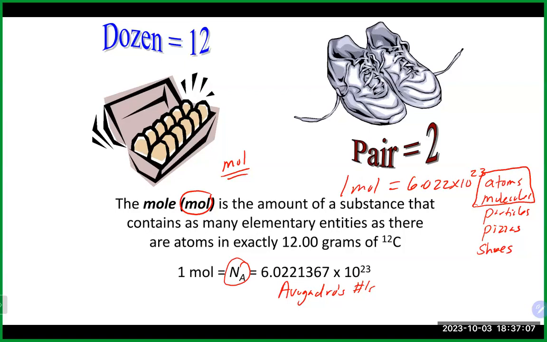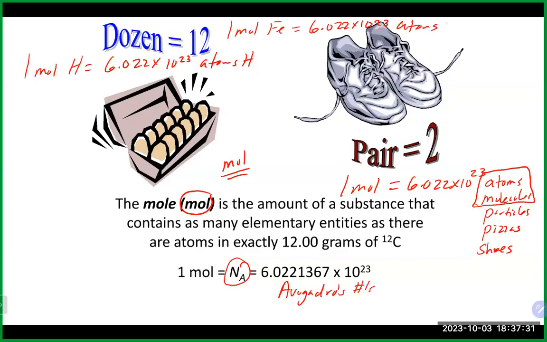You could take anybody from the periodic table. So if I had 1 mole of hydrogen, that should have 6.022 times 10 to the 23 atoms of hydrogen. If I have 1 mole of iron, that also should have 6.022 times 10 to the 23 atoms of iron.